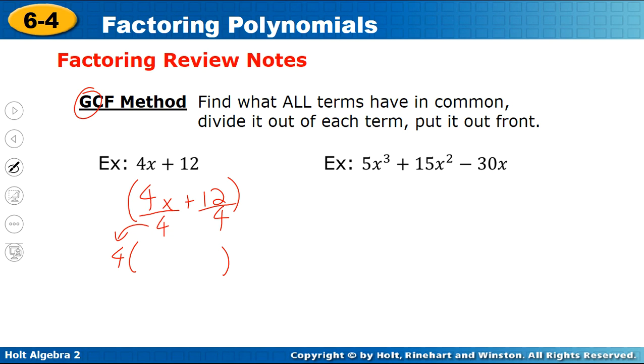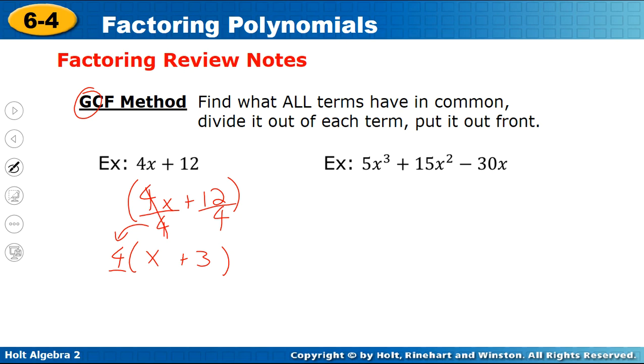Whatever it is that you're dividing out goes in front. And now we see what's left of these terms after you divided by 4. The first term, 4x divided by 4, these 4s turn into 1, so there's just 1x. And then plus 12 divided by 4. 12 divided by 4 is 3. So after we factor, we should have 4(x plus 3).